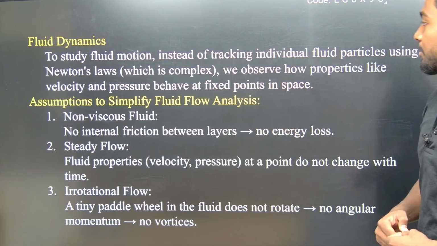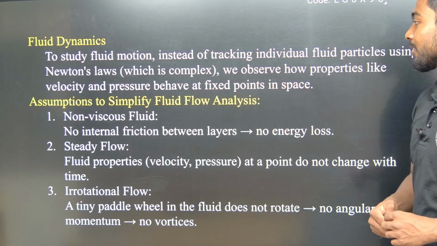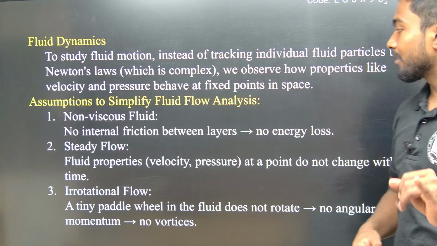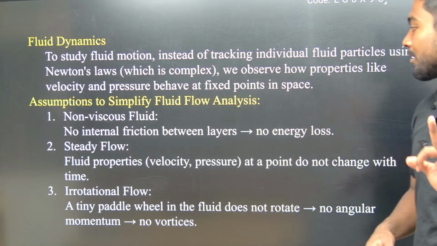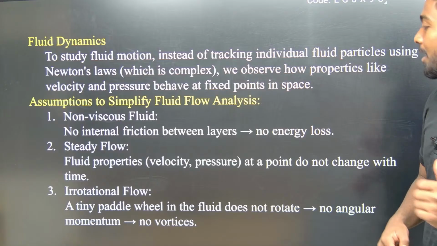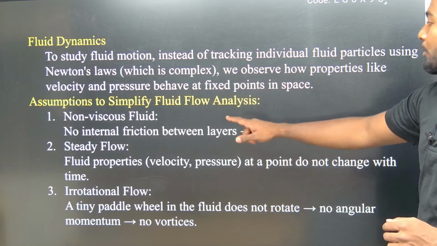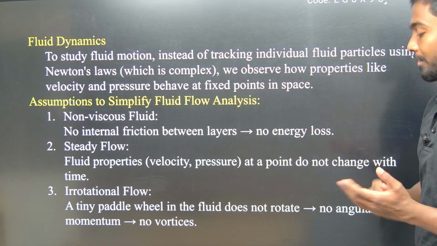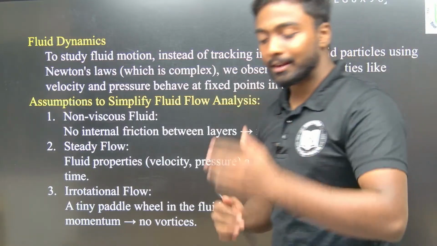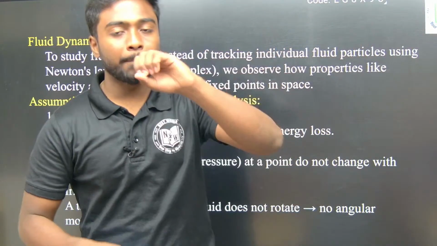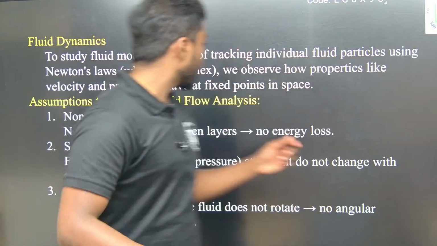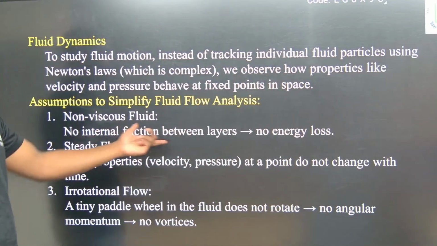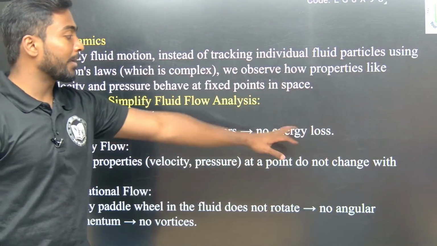Next, assumptions to simplify fluid flow analysis. First, non-viscous; second, steady flow; third, irrotational flow. Non-viscous means no internal friction between the layers. When water is flowing in a pipe, there will be no internal friction between the layers, no energy loss.